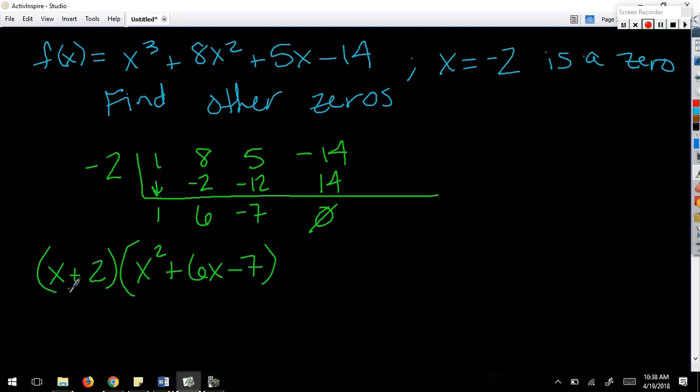All right, what do I do with the parentheses? You have to put it in the box, right? x squared in the top left corner. I need opposite signs. One positive, one negative. What multiplies to -7 but adds to positive 6? 7 and -1.